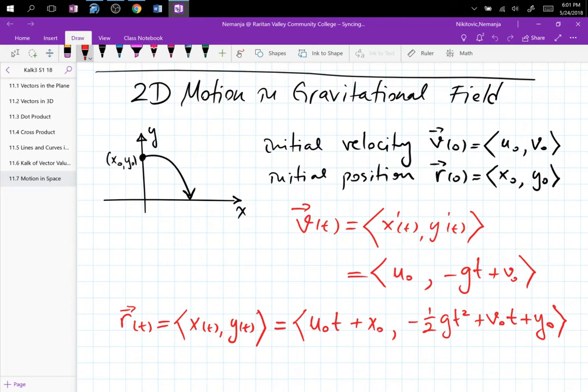When it stops, the initial velocity for the second part of the journey is 0, because the object stopped at the top. So this becomes 0, and then negative gt starts accelerating the object down, giving it more and more velocity as the time passes.